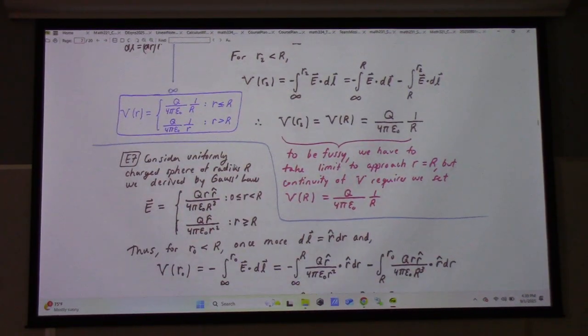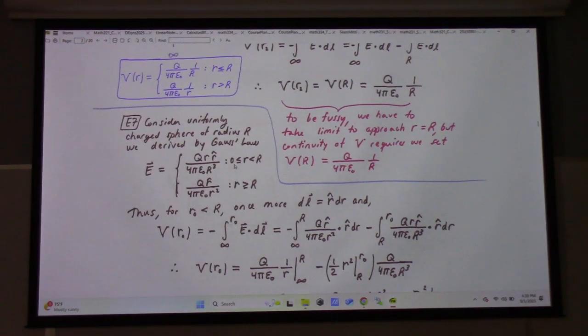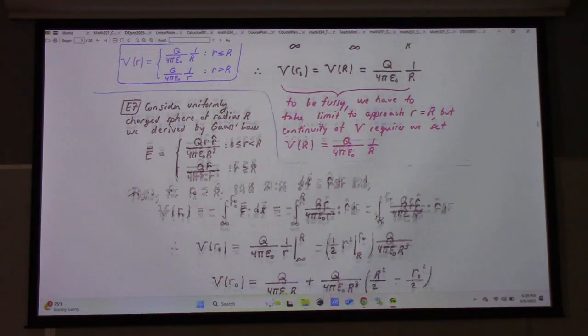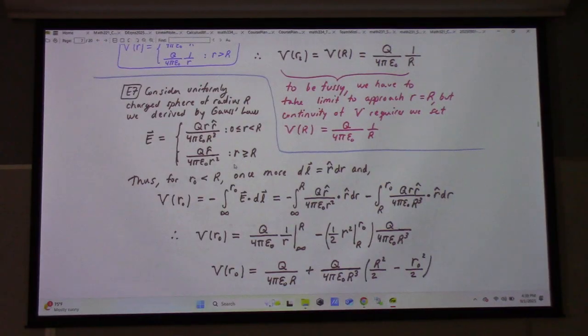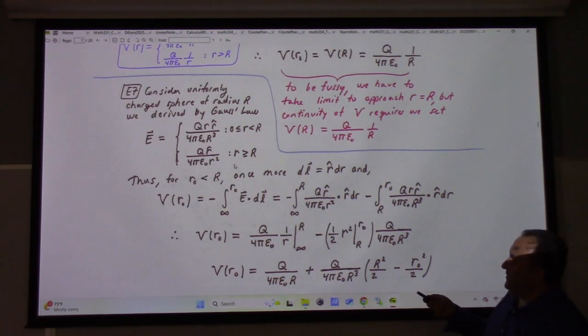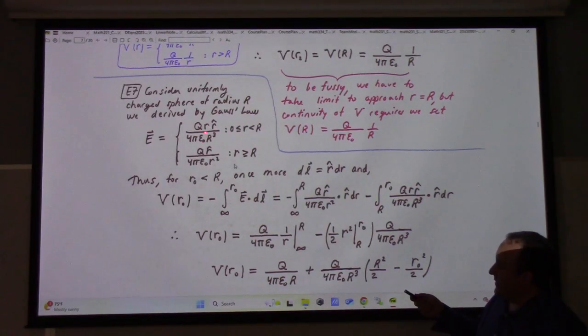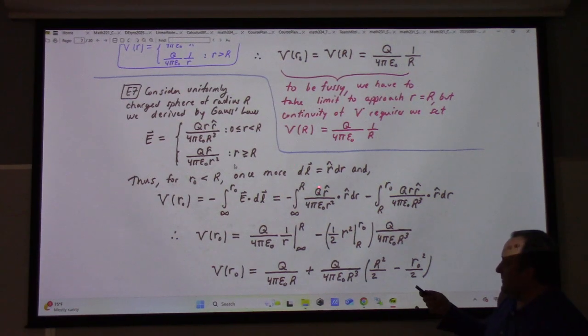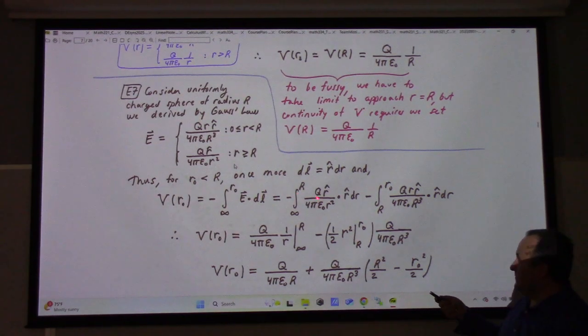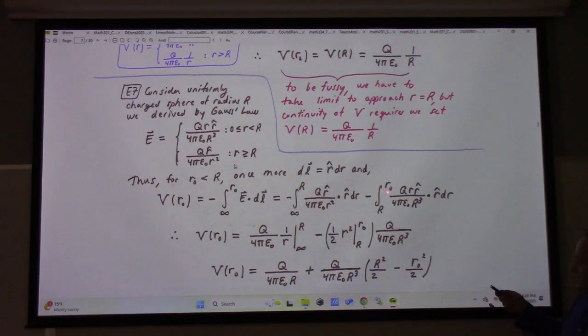Now, if I go through the same calculation for the uniformly charged sphere, it's a little different. From Gauss's law we had before derived r hat over 4 pi epsilon naught r cubed and so on. If I calculate the line integral for r naught less than r, I'm up against the linear field inside the sphere.